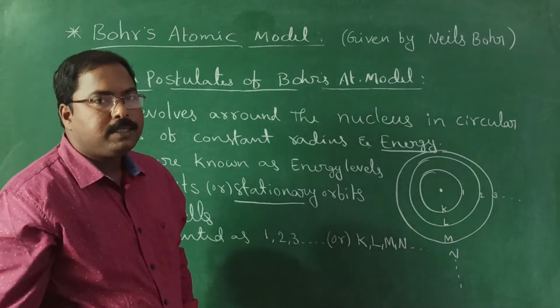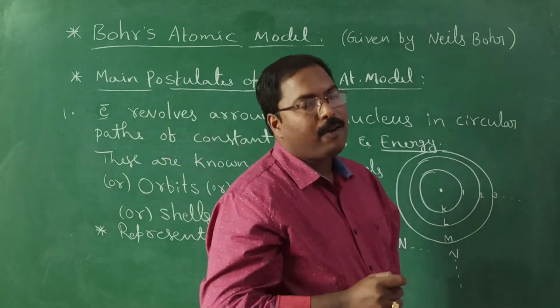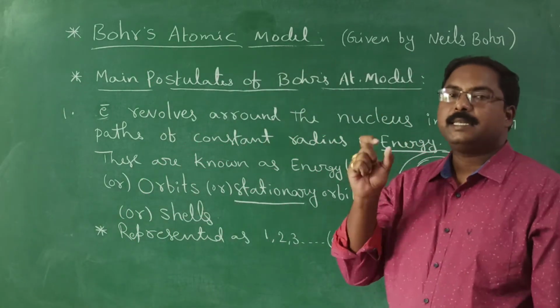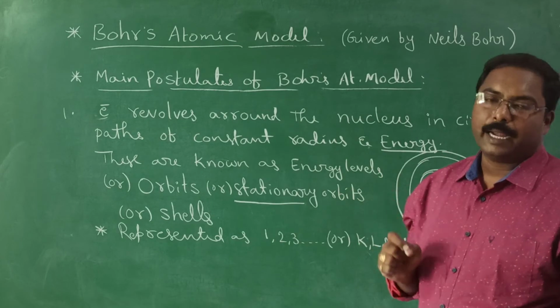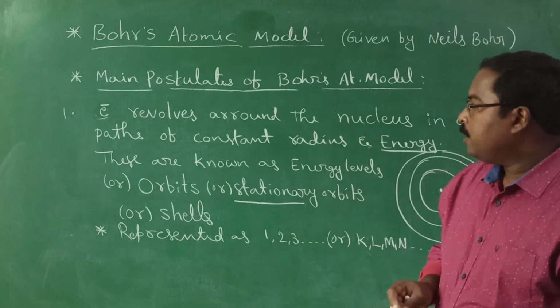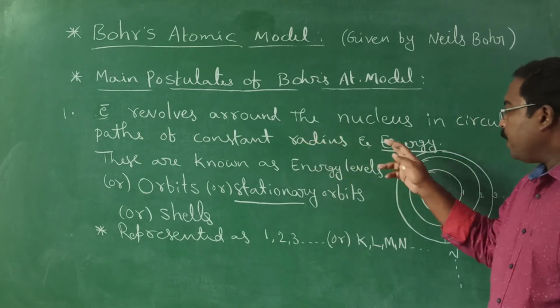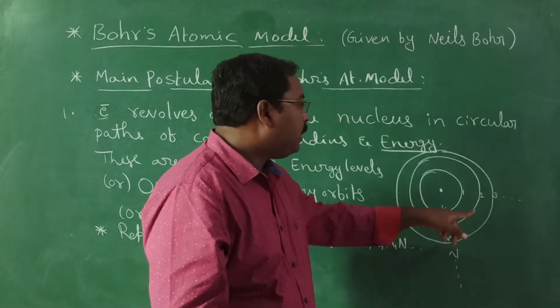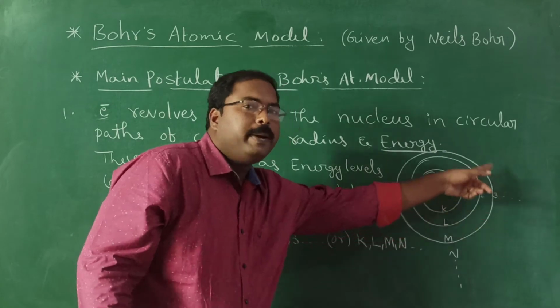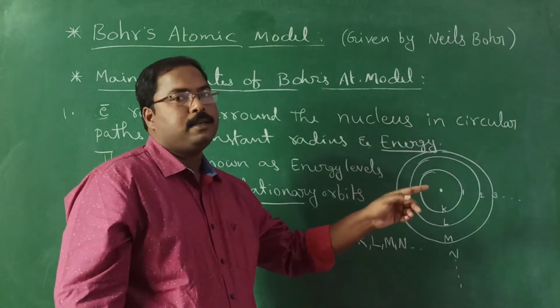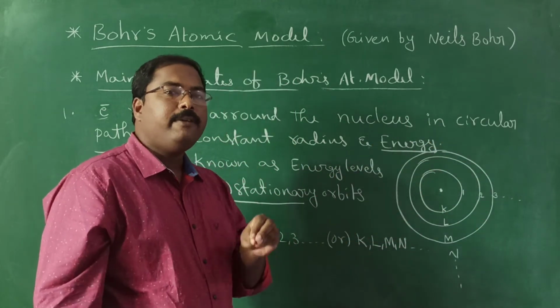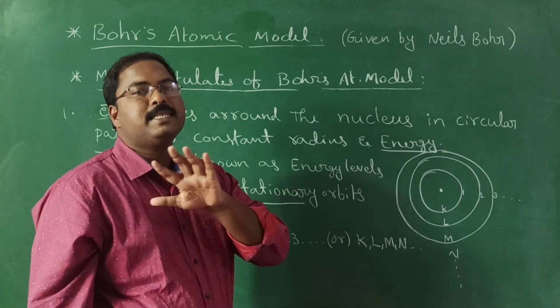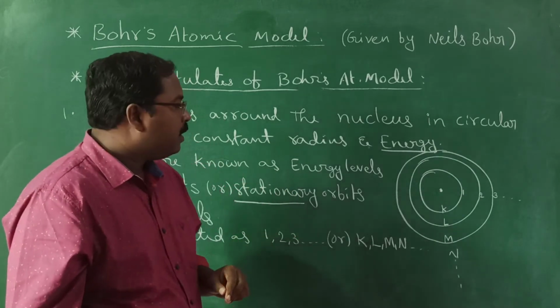This is the main important postulate of Bohr's model, the basic statement related to Bohr's atomic model. Once again, according to this theory, the electron revolves around the nucleus in circular orbits whose energy and radius remain constant.